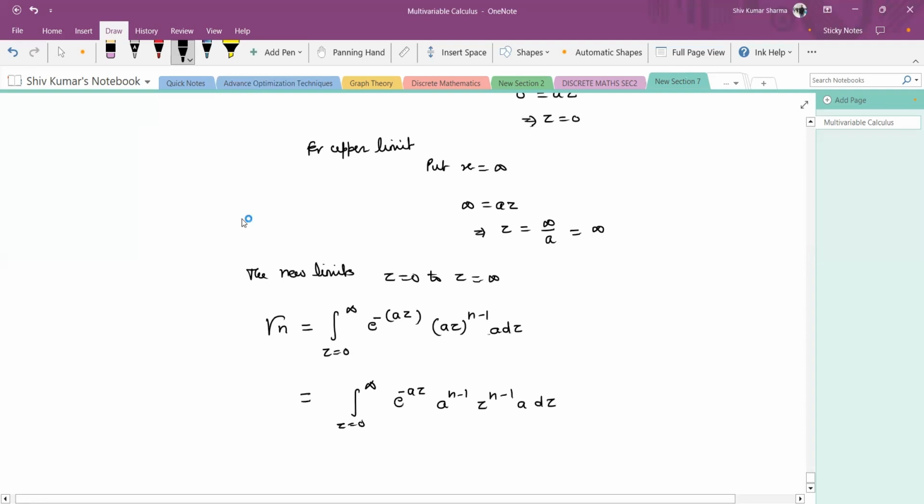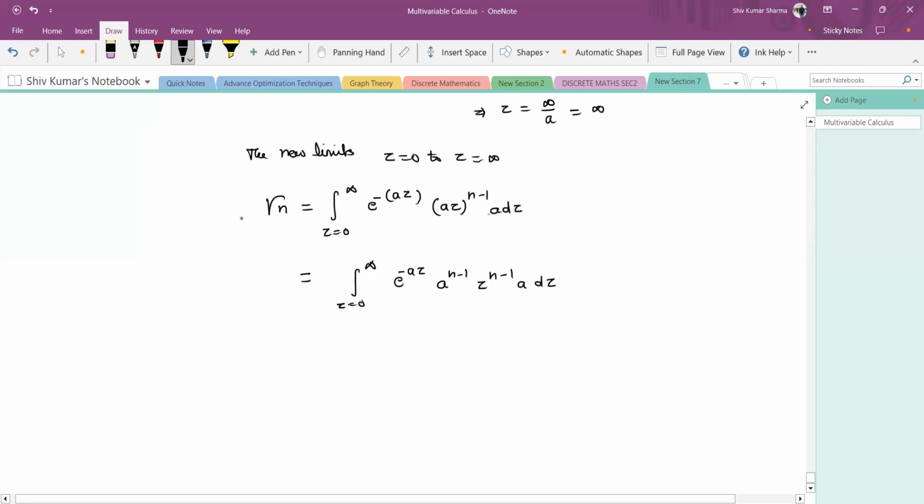This can be written as a raised to the power n minus 1 into a, which gives us a raised to the power n, and this is purely a constant, so we write it outside the integral. So we write z equal to 0 to infinity e raised to the power minus az and z raised to the power n minus 1 into dz. This is the value of gamma n.